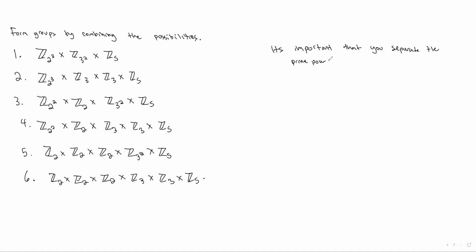Otherwise, you might get repetition in your list. So for example, Z30 is isomorphic to Z5 times Z6. So you really have to work with primes and their powers.